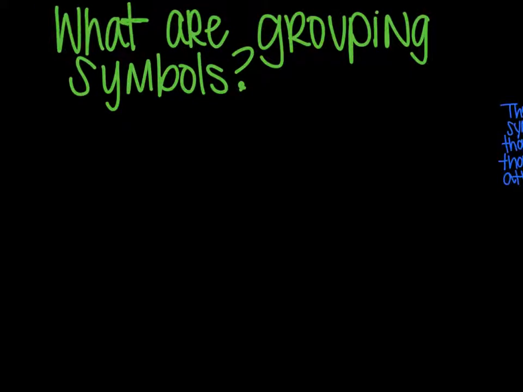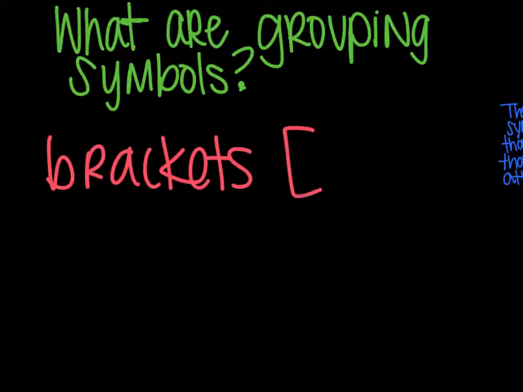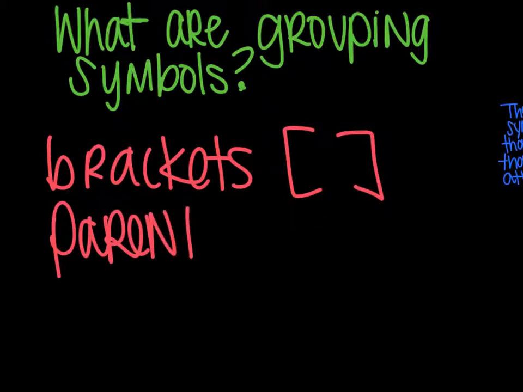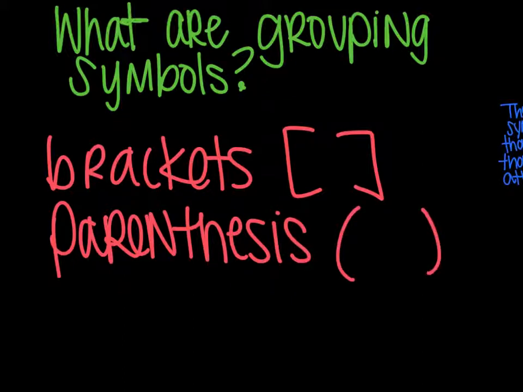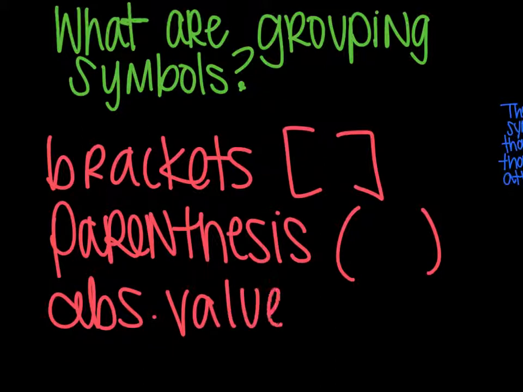What are grouping symbols is the next question. Grouping symbols include three main categories, and those are brackets, which look like this, parentheses, which you're most familiar with, and then what we call absolute value, which you haven't learned yet, but you will, and they're basically two bars.